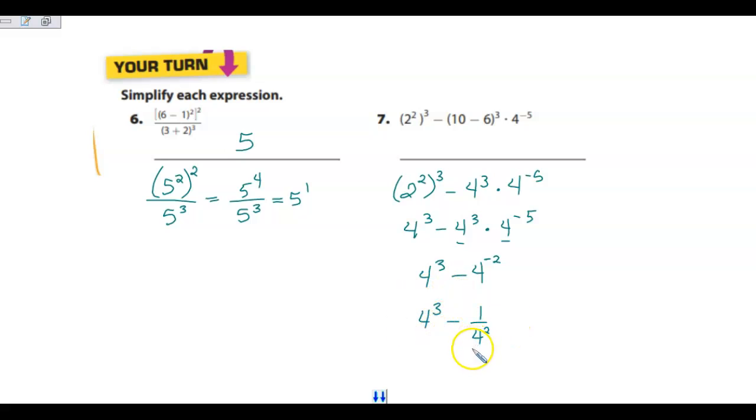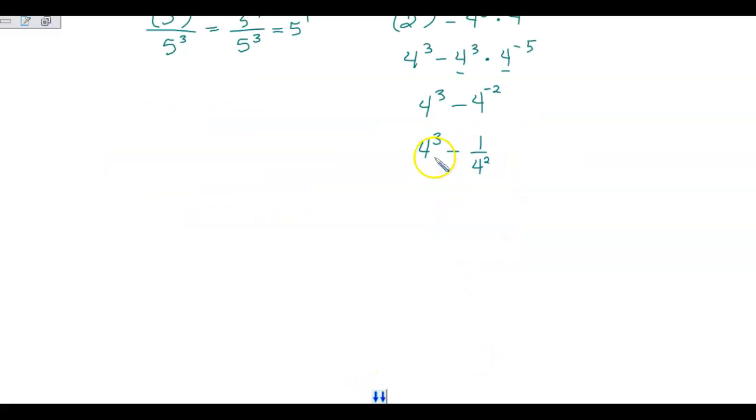This leaves us where we just need to convert to standard form from exponent form. 4 to the third power is 64 minus 1 and 4 to the second power is 16. So I'm going to have 64 minus 1/16.